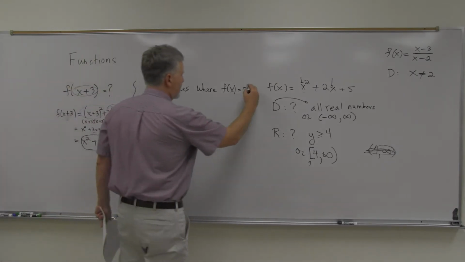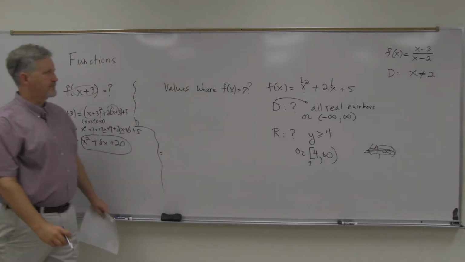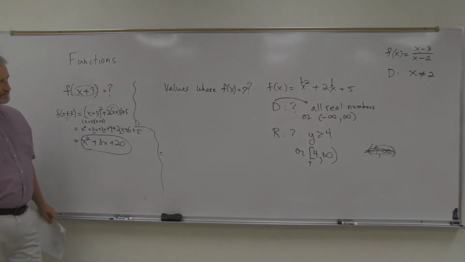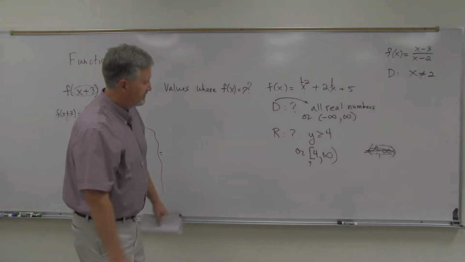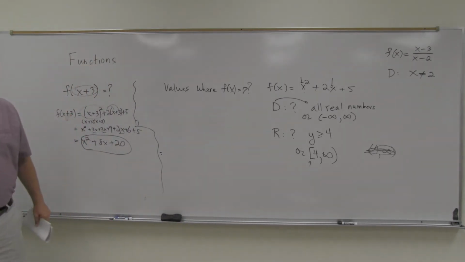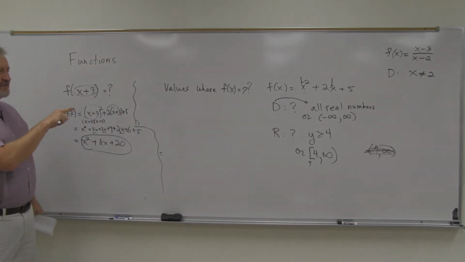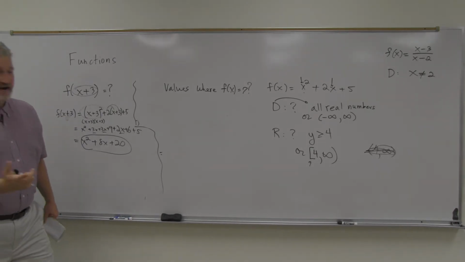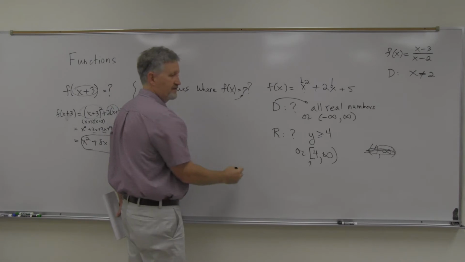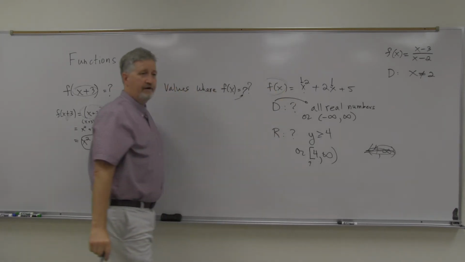What are the values where f of x equals 7? And so let's talk about that, because something else comes up here that we need to review. Yeah, so in this case, we're not given the input value, we're given the output value. We're given the f of x value as 7, and so that's where the 7 goes, right?